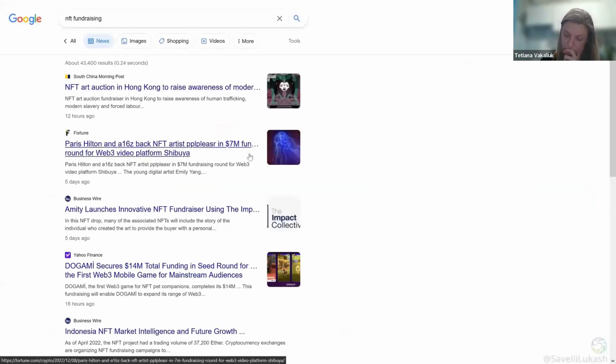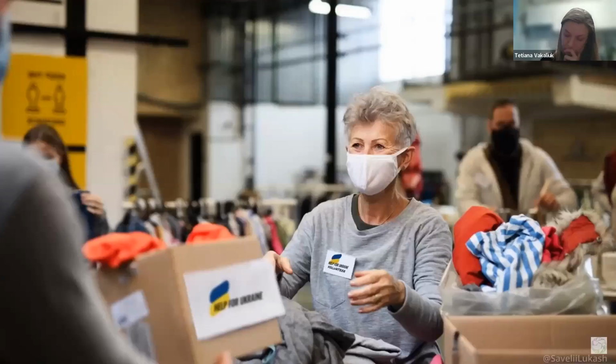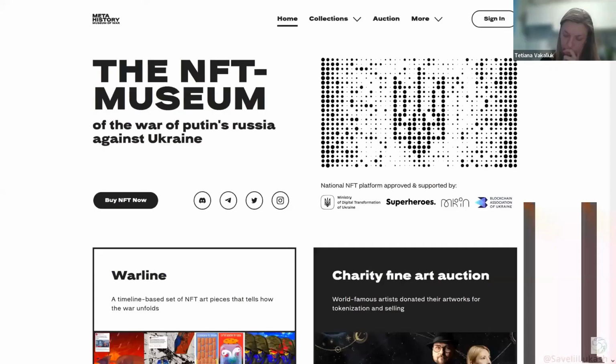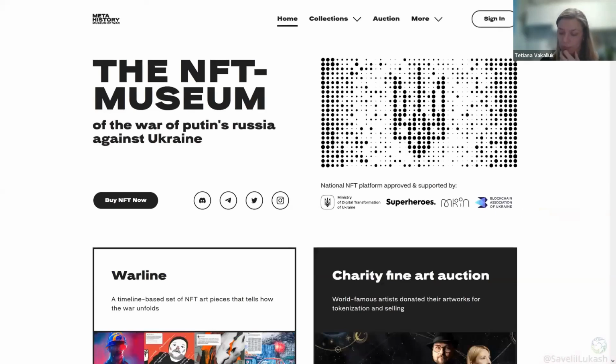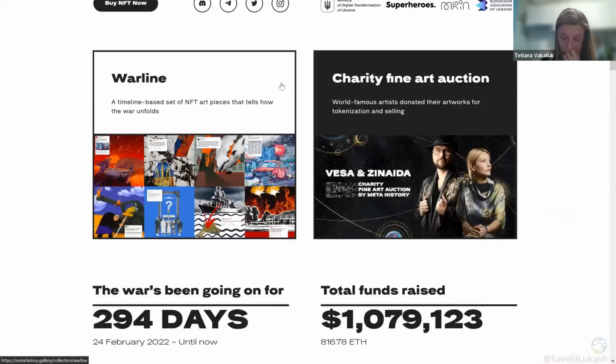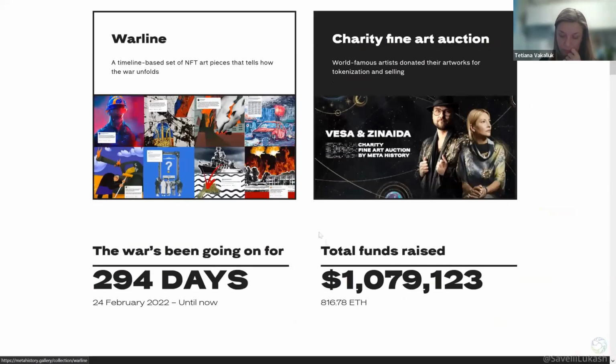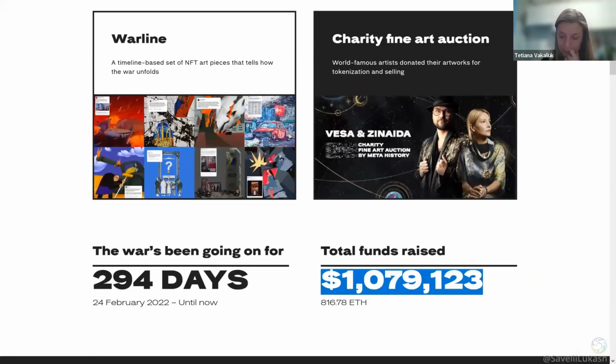There are several great projects that are also extremely actual that raise money for the support of Ukrainian people in this uneasy time. One of such projects is Meta History NFT Museum, which is widely regarded and backed by such organizations as the Ministry of Digital Transformation of Ukraine.